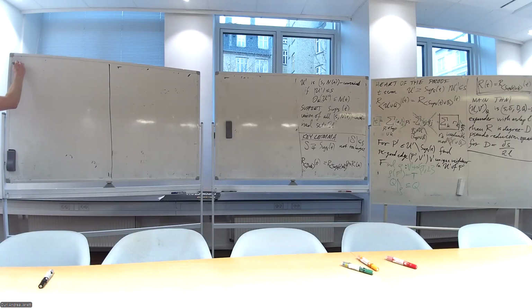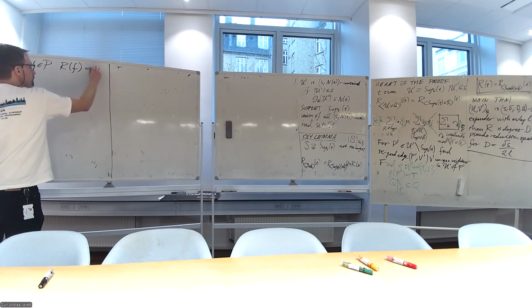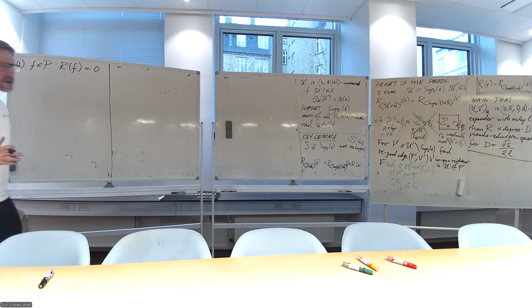The first property is for f in P, Rf is 0. This requires more work than in the resolution case, but basically, what we did for resolution is we said, well, look at an axiom.